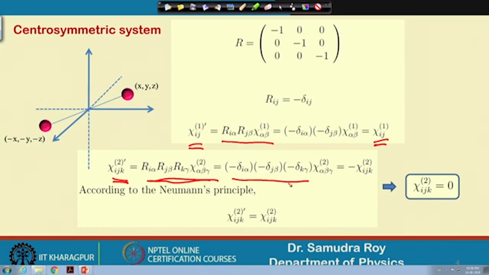When I put all these terms together, I will find the susceptibility chi_ijk with a negative sign.